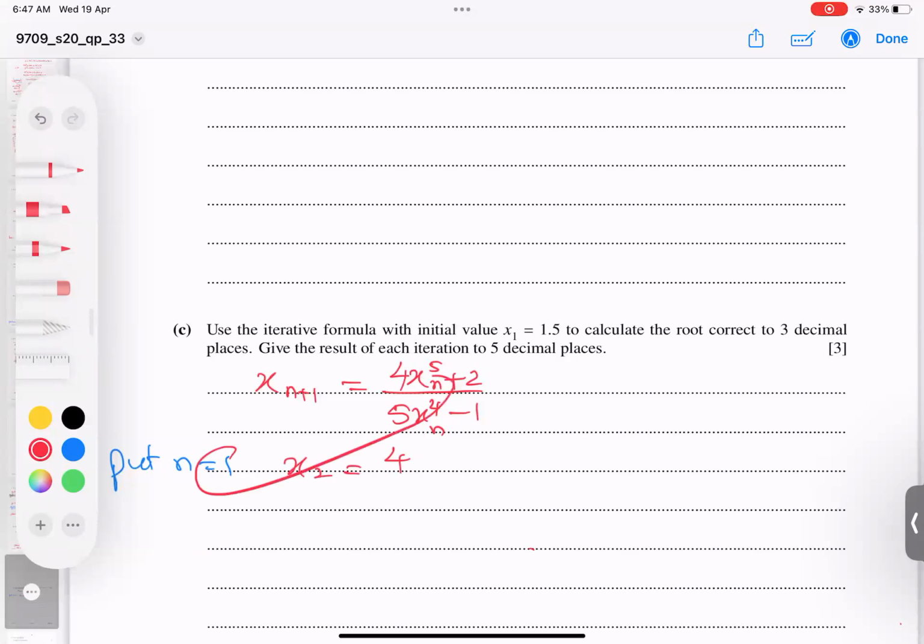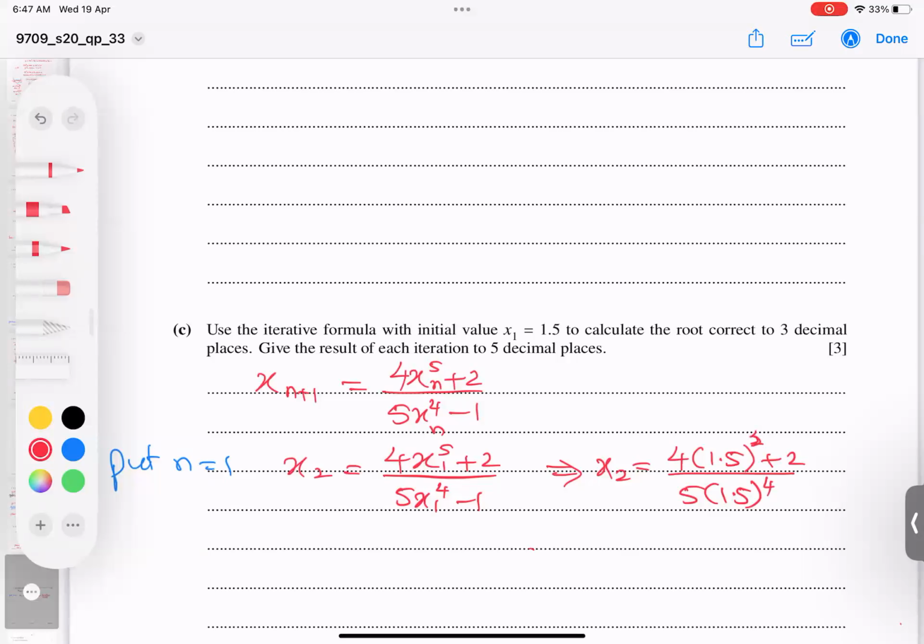When I plug in 1 here, it gives x1 to the power 5. If I plug in 1 here, it gives 5x1 to the power 4 minus 1. And if I simplify, x2 equals, and the x1 value is 1.5. I'm going to show you this once, and next time I will not show, I will just do it directly. I hope you're understanding what is going on.